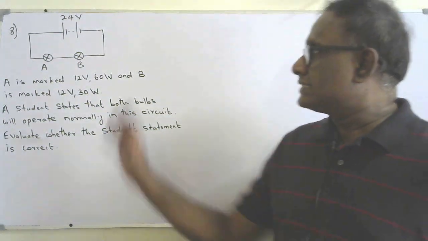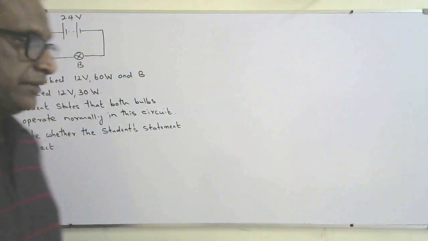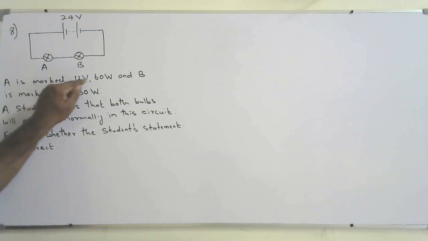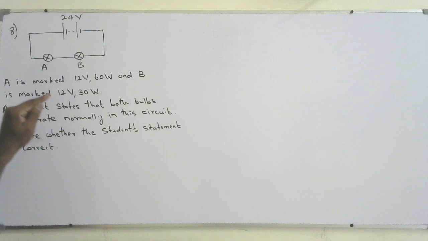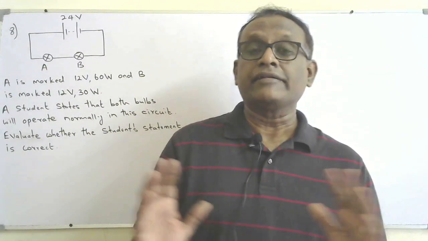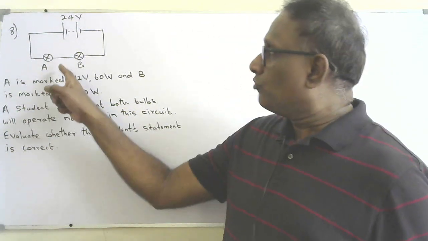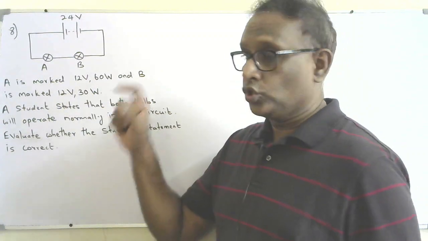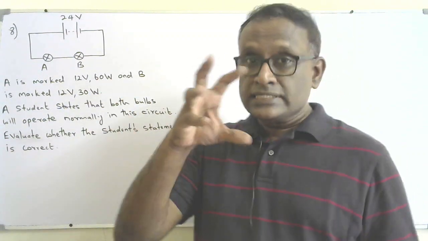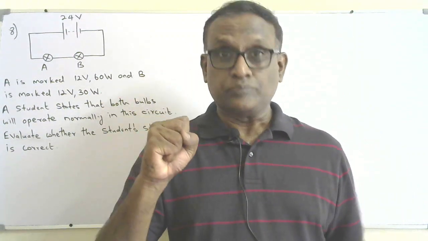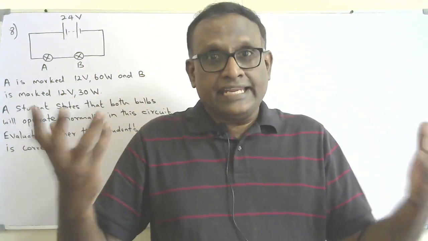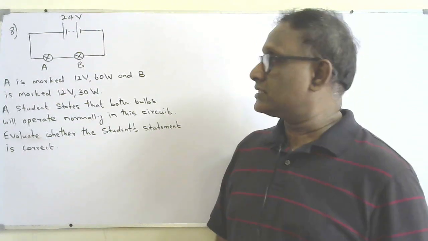Okay, so in this circuit, two bulbs A and B are rated. Bulb A is rated as 12 volt 60 watts and B is rated as 12 volt 30 watts. So first you should know what is meant by rated. That means if the voltage applied across bulb A is 12 volt, then it will consume 60 watts of electrical power and dissipate totally light and heat that will be equal to 60 watts.